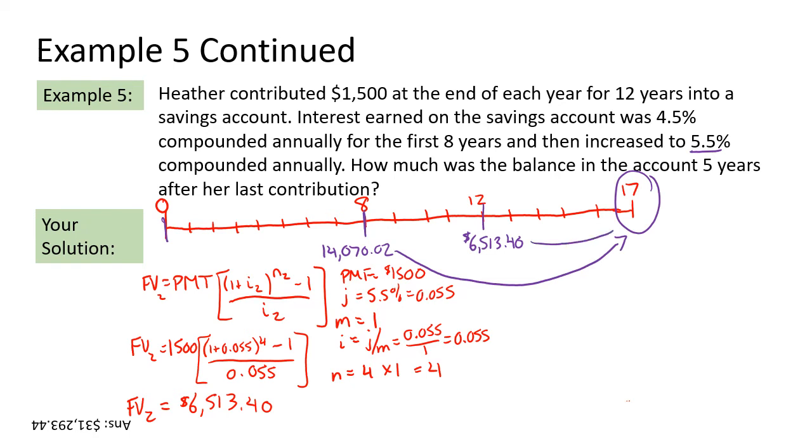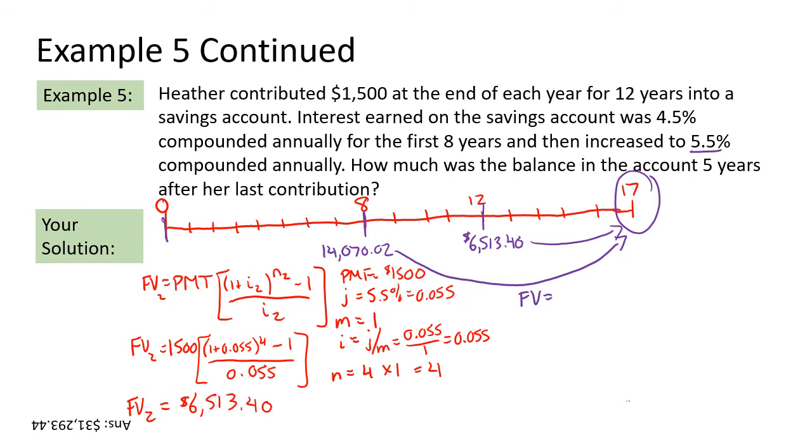Because remember, back to our compound interest, we had to pick a focal date. The focal date, so that all the money is in the same terms, is year 17, 5 years after her last contribution. So we've got 2 calculations we need to do, both of them being future value.